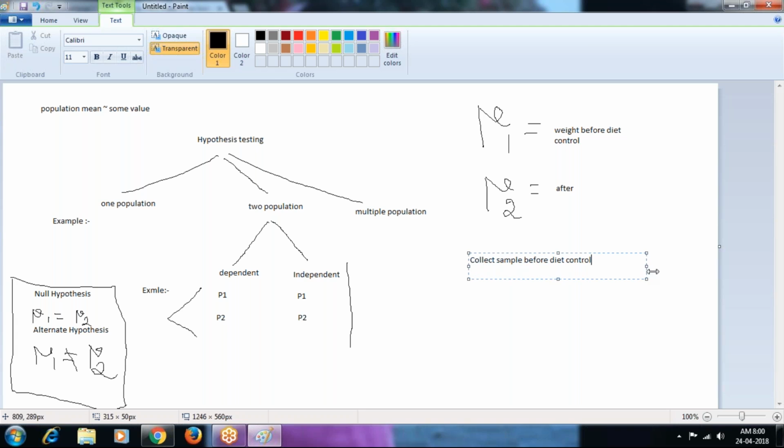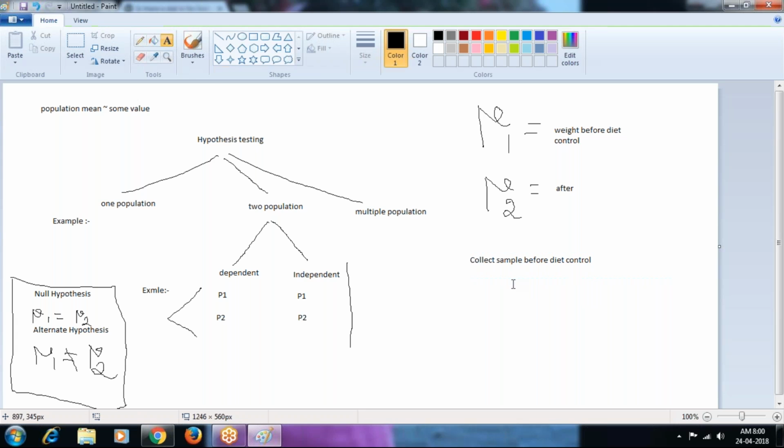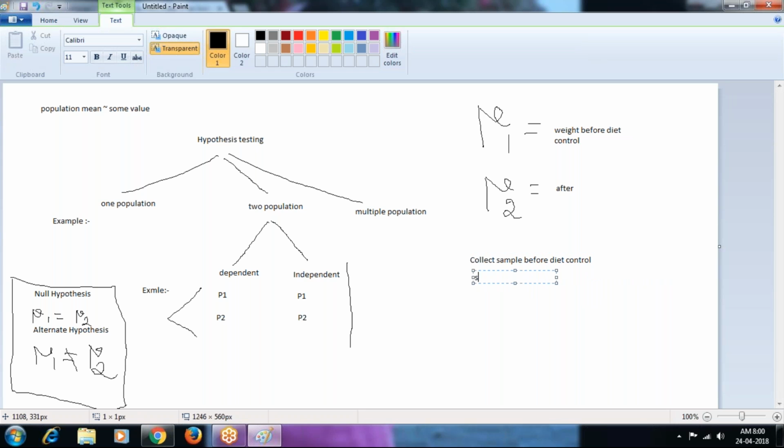When you collect the sample, what you will be getting is the sample mean, sample size, then sample standard deviation, isn't it?